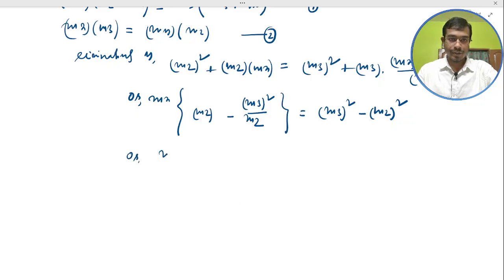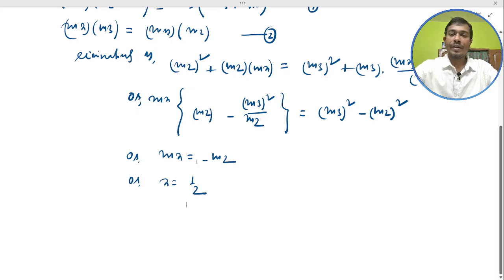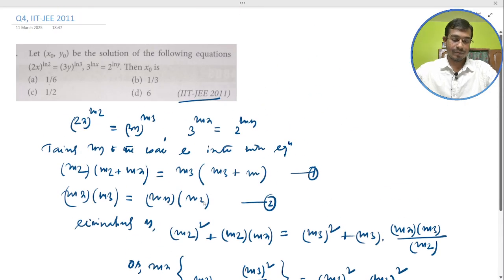Or this is equal to ln x is equal to minus ln 2. Or x equal to what? Simple, half. x equal to half. So option C would be the correct one.